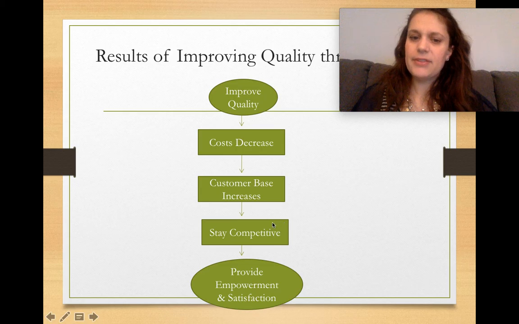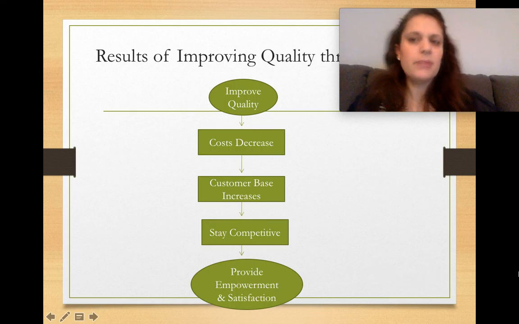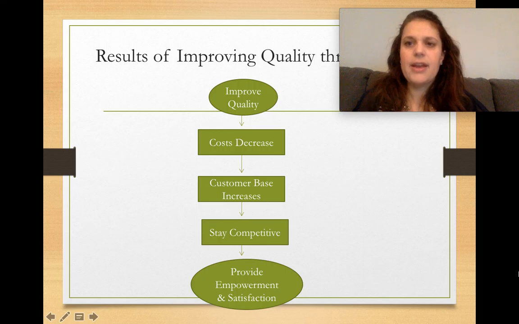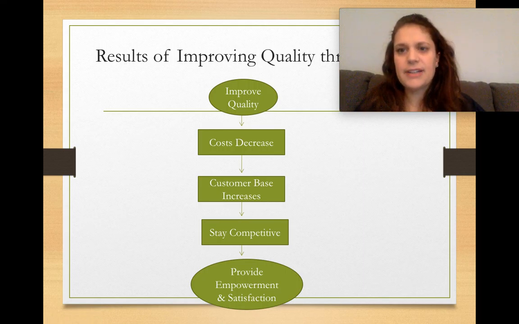You're staying competitive in the industry, and then ultimately you're providing empowerment for your employees and satisfaction for your consumers. So I want you to also concentrate on this word empowerment here. It's one that we'll keep touching back on, but it's an important part of having internally satisfied customers.